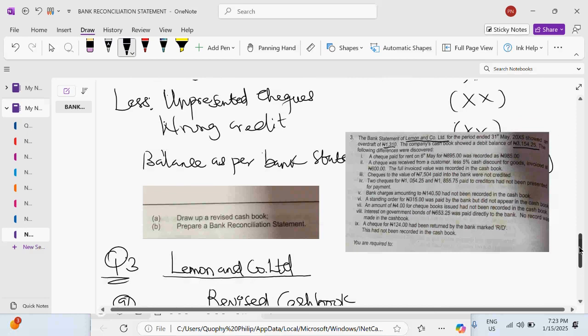So we take the individual items. A check paid for rent on 6th May for 895 Naira was recorded as 985. So what type of error is this? Has it been overstated or understated?